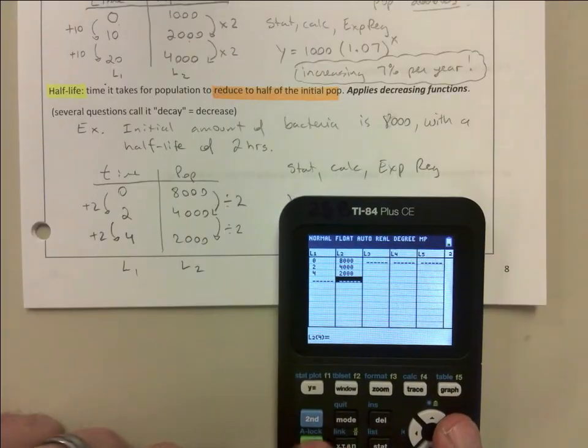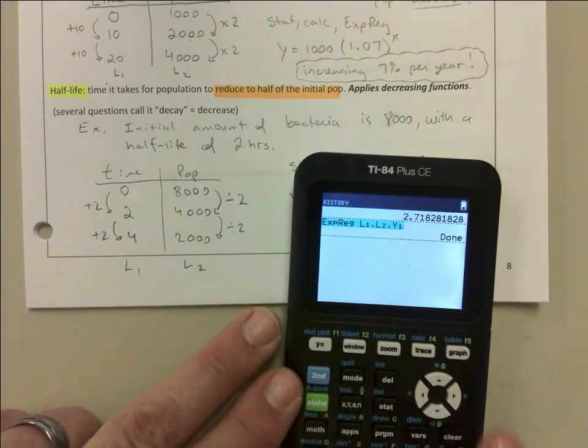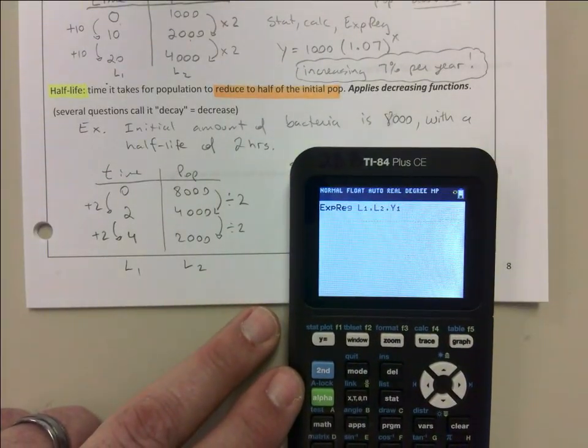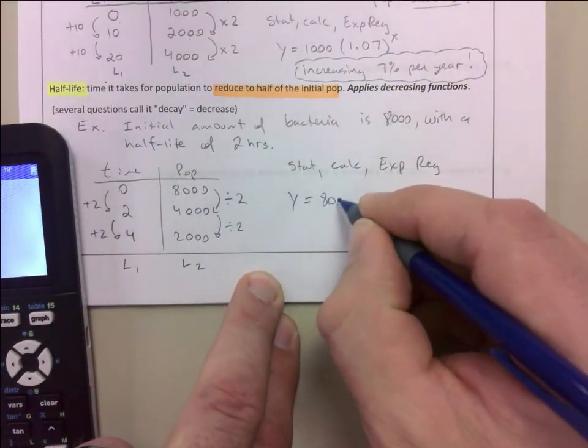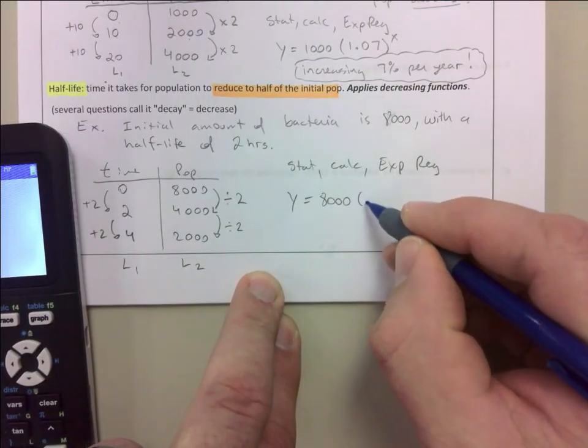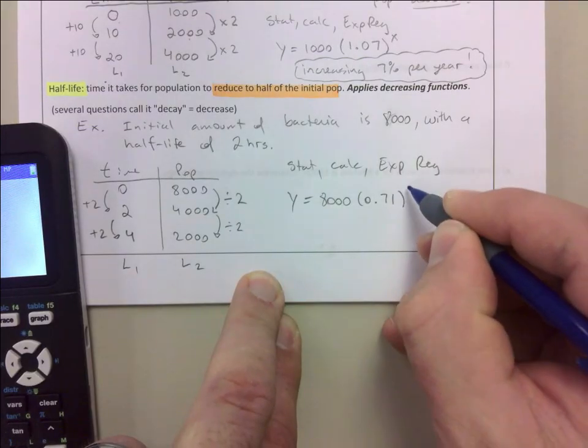I already did the exponential regression, so I'm going to my home screen and I'm just running it again. Okay, so there it is. 8,000, 0.71 to the power of x.